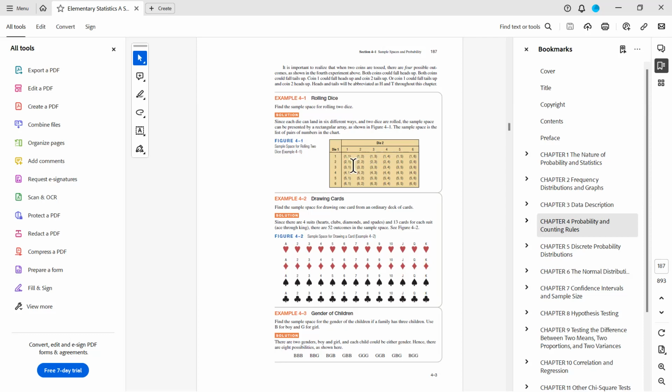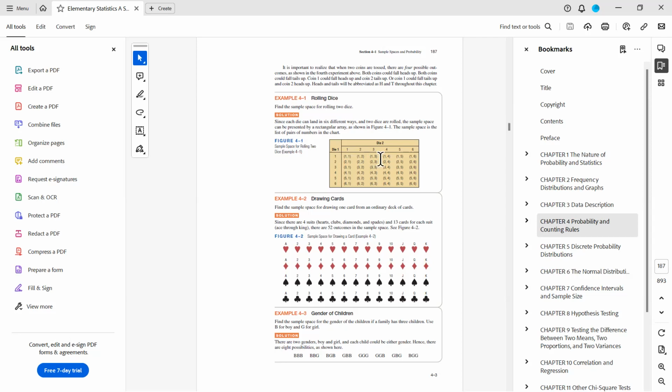If you go through this sample space here, you're not going to have 36 outcomes that are even sums. For example, 1, 1 gives you a sum of 2, that's even. 1, 2 is an odd sum, 1 plus 2 is 3, so you don't consider that. 1 plus 3 is 4, that's even, so you consider that.